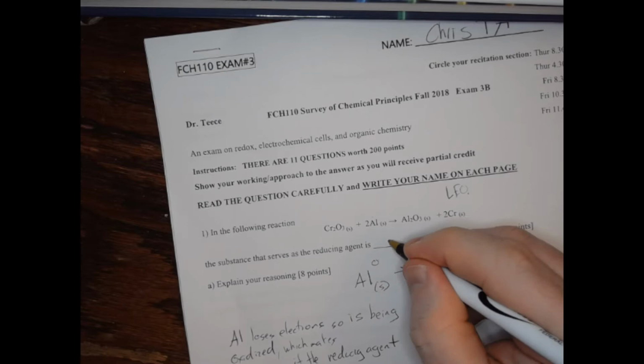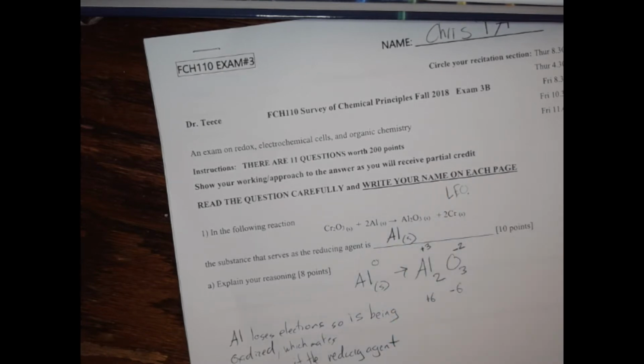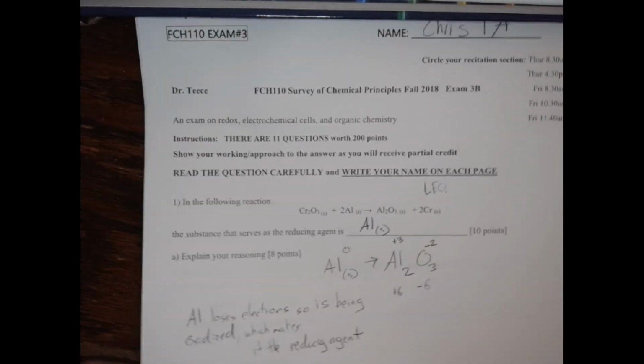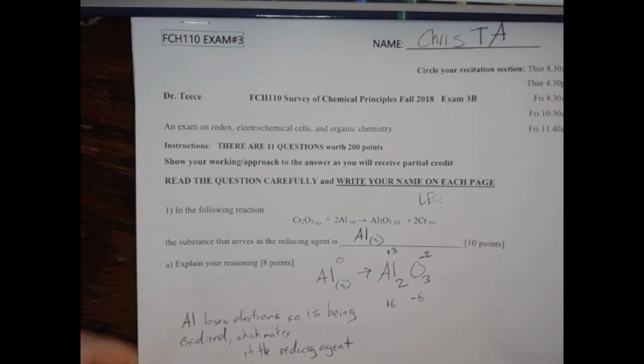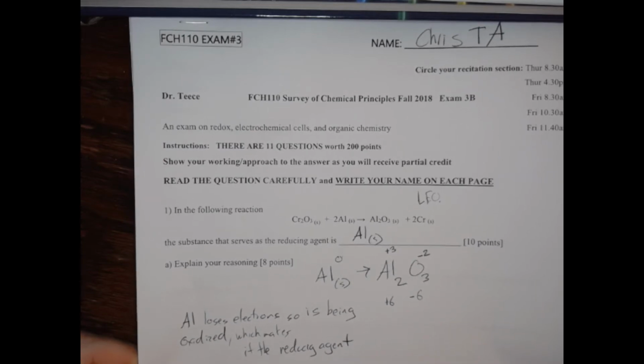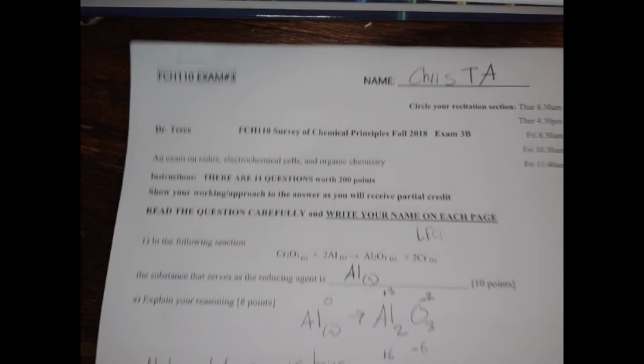And then I'll remember to put up here, the reducing agent was aluminum. So you just always got to remember there's that give and tug, that I'm being oxidized because I was causing reduction to someone else, and vice versa.